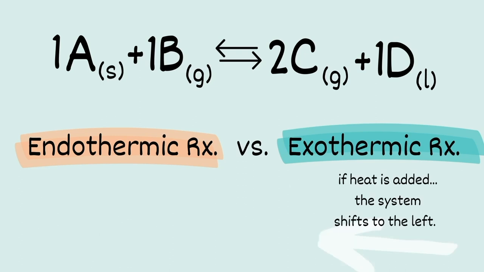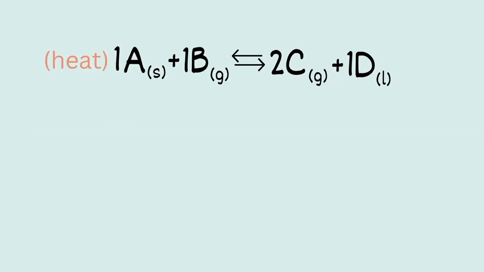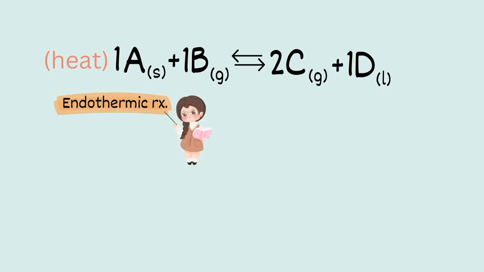If heat is added to an exothermic reaction, the system will shift to the left. And if heat is added to an endothermic reaction, the system will shift to the right. It is important that you are able to identify an exothermic and endothermic reaction before determining which way the system will shift. Let's look at an example using this generic chemical equation. So here we have heat written on the reactant side, and that tells us that this is an endothermic reaction, right?